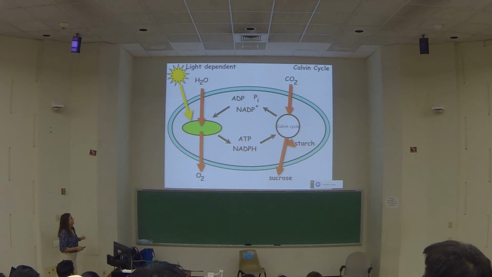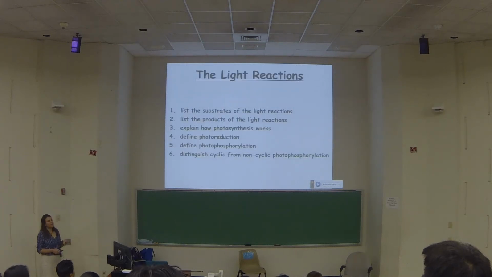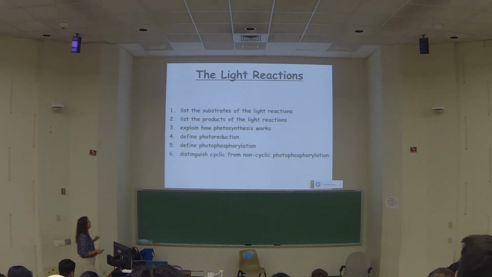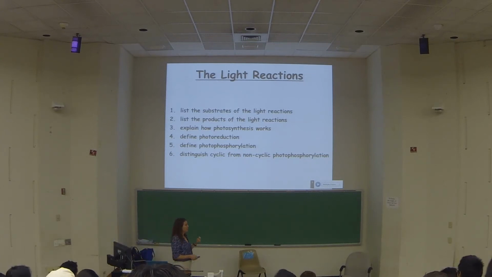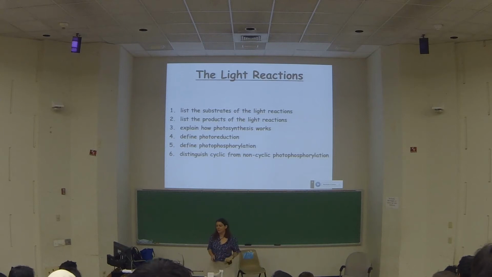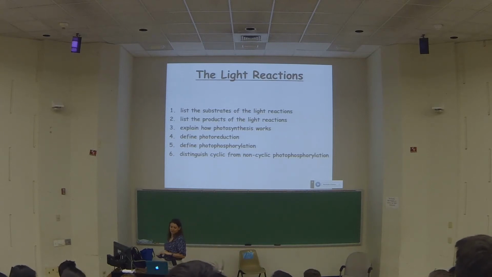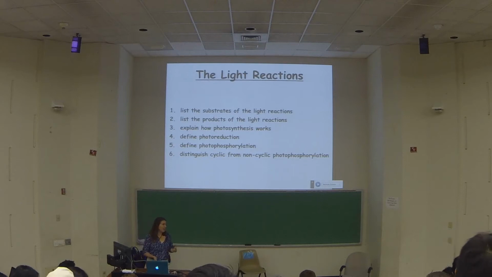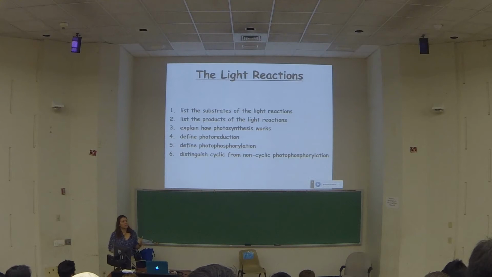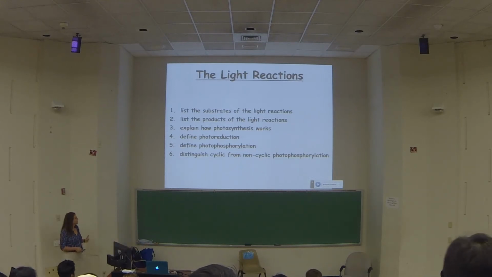For the light reactions, let's take a look at how these happen. Here is a set of questions to help you parse out the important information. Just like we did in an electron transport chain, what are we starting with? What are we ending with? Be able to explain generally how it works. We're going to talk about photoreduction and photophosphorylation. Understand what those are.